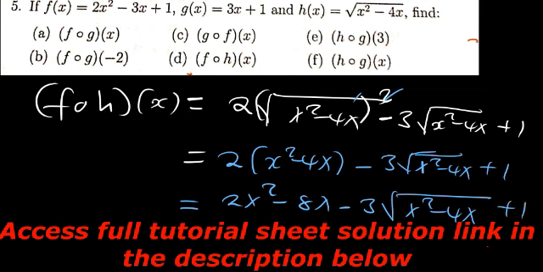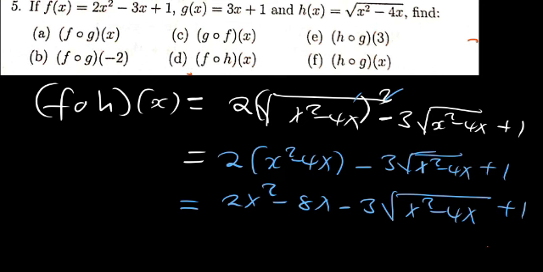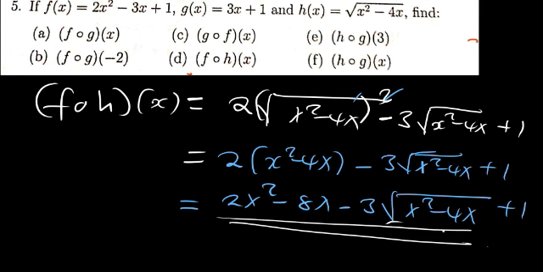What else do we need to do? I can clearly see that. Do we have any like term together? No, we do not have. So I can end there. That's my answer. So that is it for question 5.